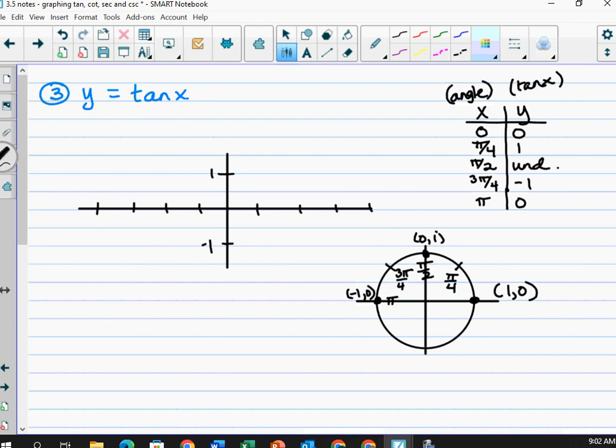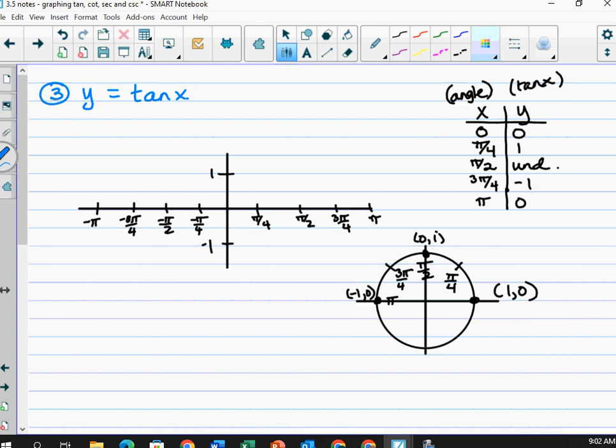So I'm going to label this first tick mark pi over 4, pi over 2. Why does it repeat every pi? That's just how the tangent values are set up with the y over x. They just repeat more quickly. So when you do the period, you do pi over b.